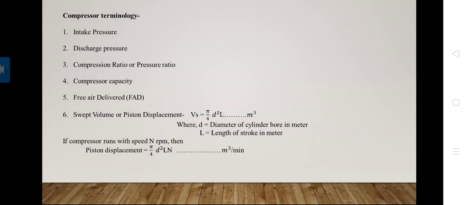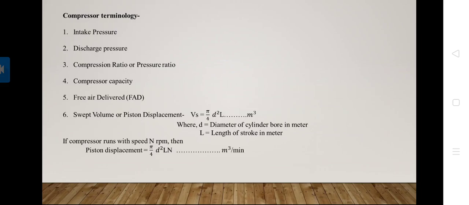Mathematically, swept volume is given as Vs is equal to pi by 4 d square L, where small d is the diameter of the cylinder bore in meter, and capital L is the length of stroke in meter. If the compressor runs with speed N rpm, then the piston displacement is equal to pi by 4 d square L into N, measured in meter cube per minute. That means only N is added in the formula of swept volume.